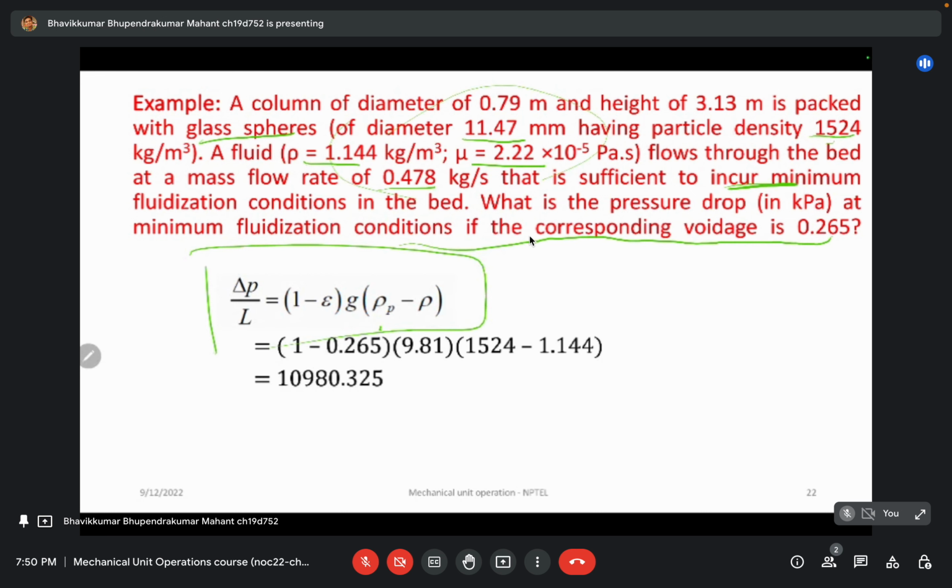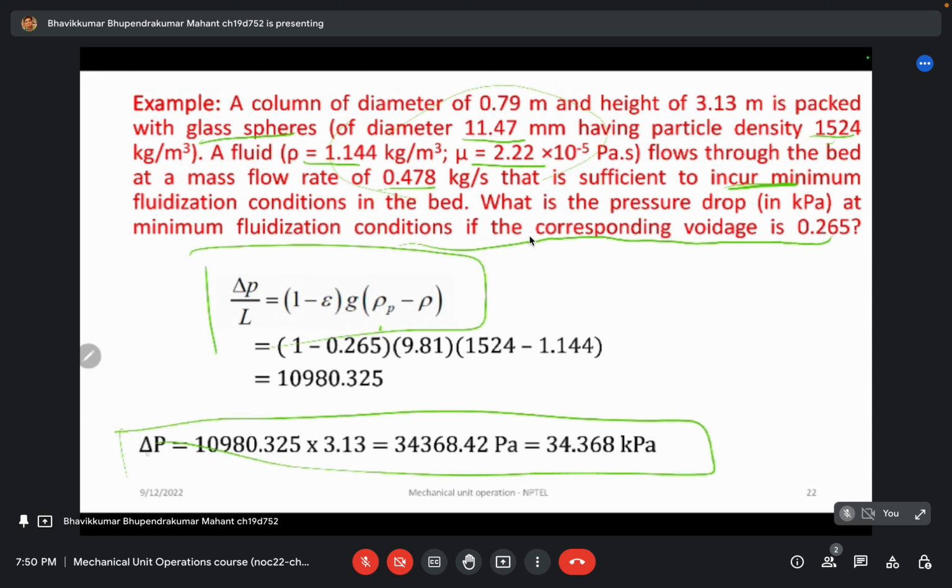We just substitute the values and we get delta P by L equal to 1090.325. We take the L to the other side, put the value of L as 3.13, and then you will get 34.368 kilopascal. So when we talk about the minimum fluidization condition, without thinking much you can use this equation. Always remember that.